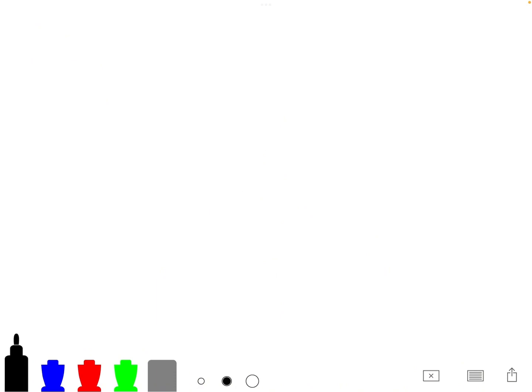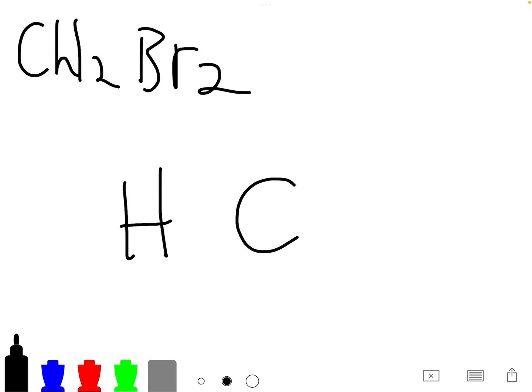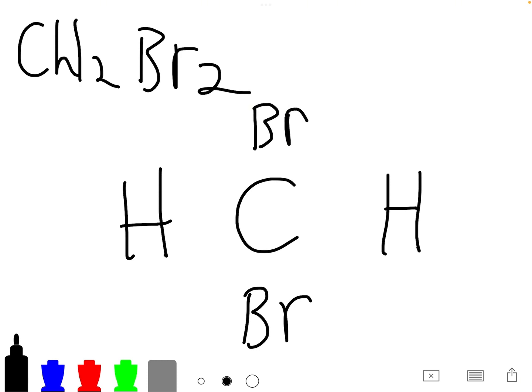So there's that one. CH2Br2, the carbon here in the middle, and then you're going to put the 2 hydrogens here and the bromines like this, and then you're just going to do like this. 2, and then since hydrogen only has 1 electron, it's already bonded, and then everybody should have what they need there.